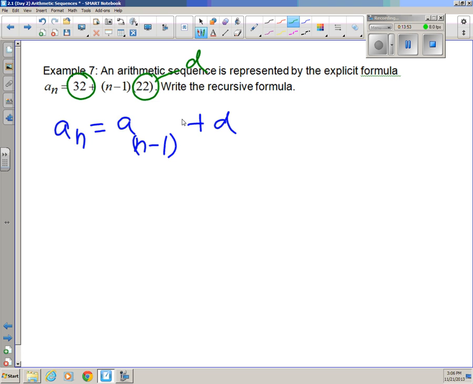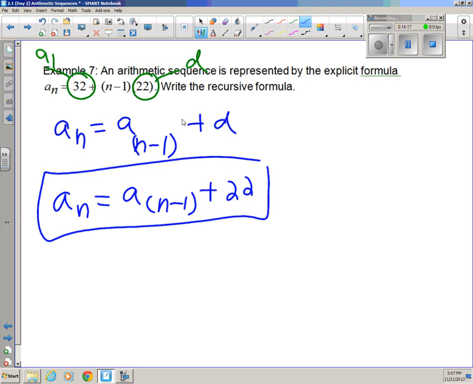This must be my first term. Well, you don't actually need the first term to write this particular recursive formula. So that's kind of good. So that's sort of irrelevant right now. But we would write, in terms of the recursive formula, a sub n equals a sub n minus 1 plus 22.